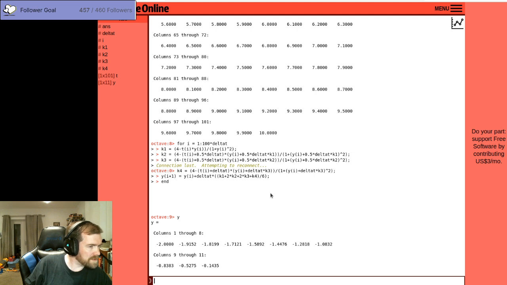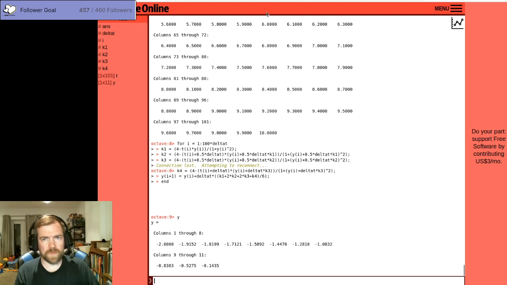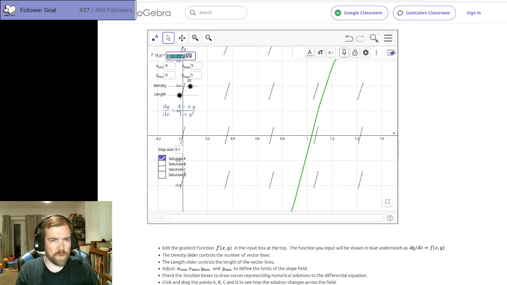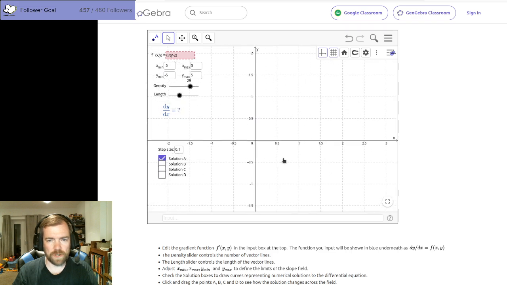Zach, any thoughts? I have nothing right now. Okay. I have one more. I mean, yep. No, go ahead. No, I didn't have anything really to say. That's fine. So I have one more fun differential equation to just check out the slope field for.